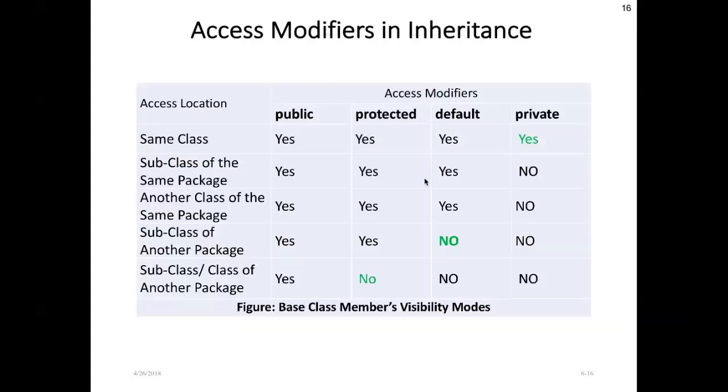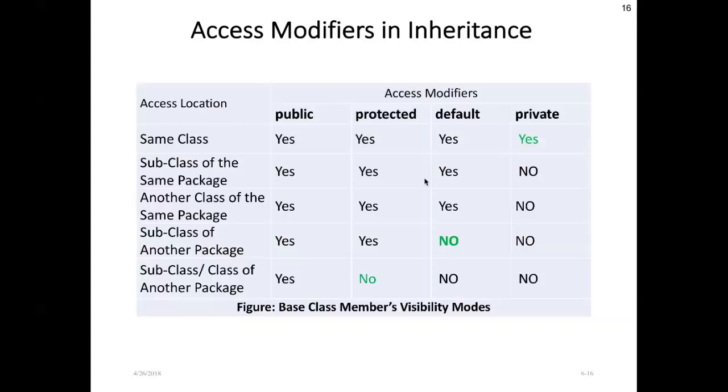Immediate subclass, for instance. If my father has some protected property, then only I will get that. My children will not get that, because I am the next level from my father.